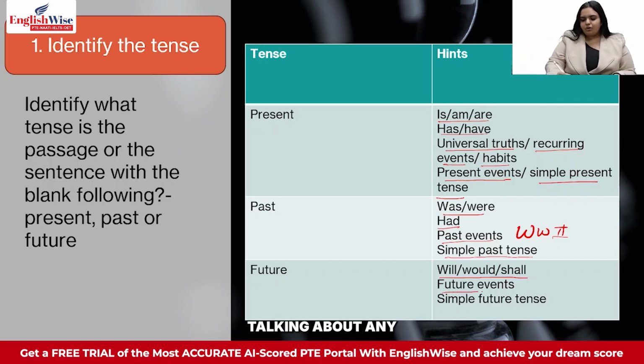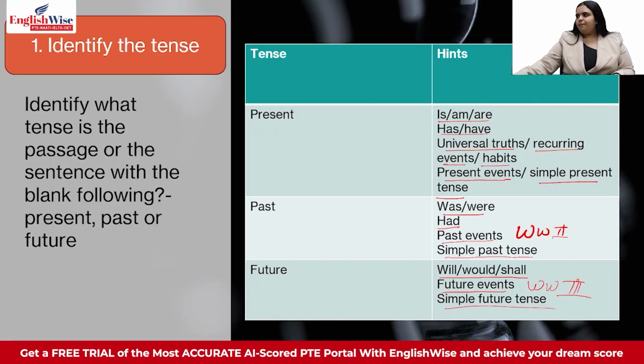Or if you're talking about any future events, let's say World War III, it has not started yet, it is anticipated in the future, so it will go in the future tense. Or if there's any simple future tense sentence given to you, that means you're talking in the future tense. Now it is very, very important that you find out these tenses in the very beginning.